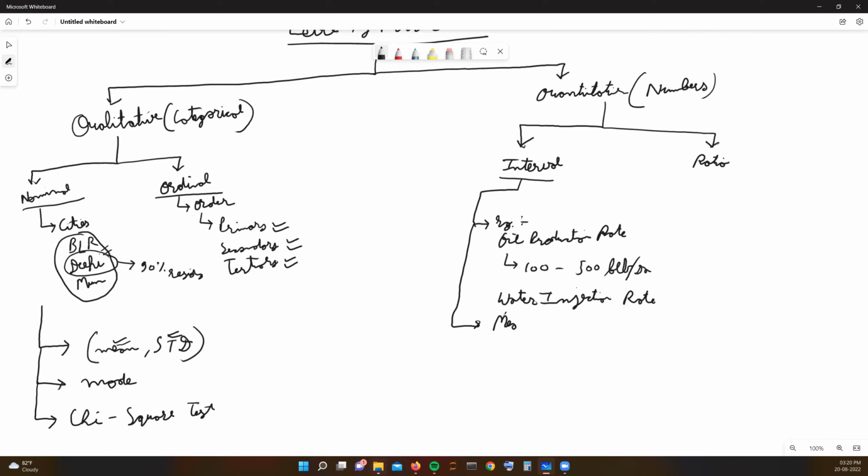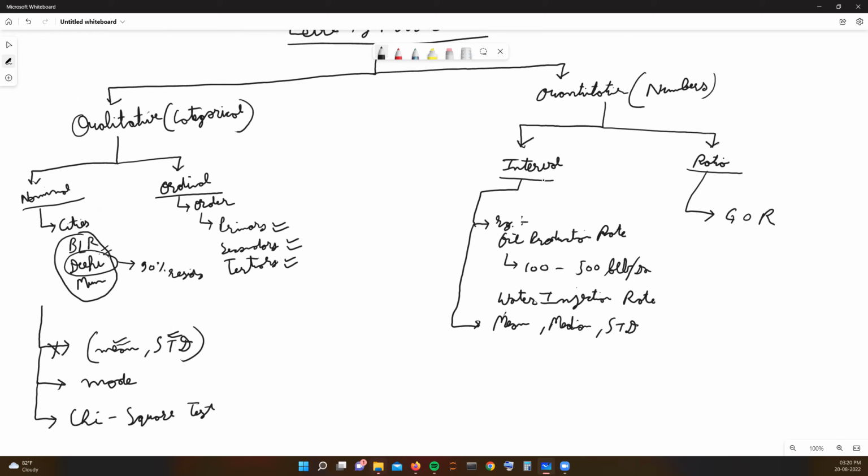Mean, median, and standard deviation can be calculated here. In ratio, as the name suggests, an example will be your gas oil ratio.